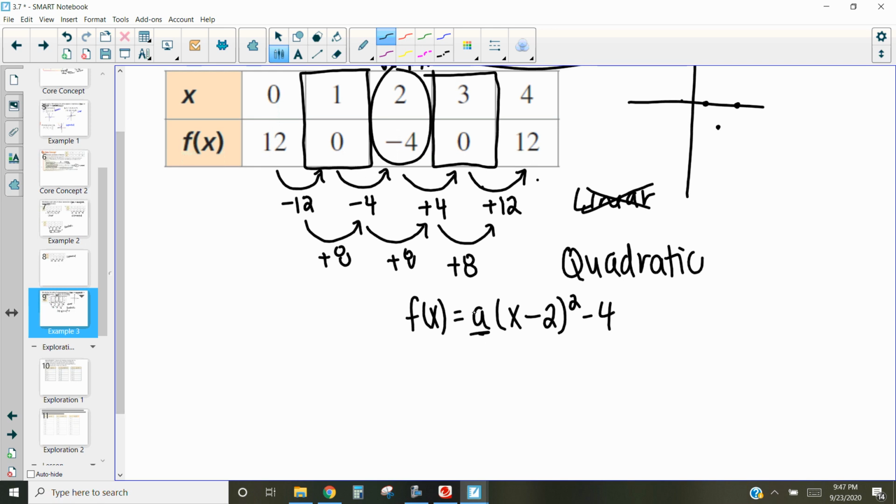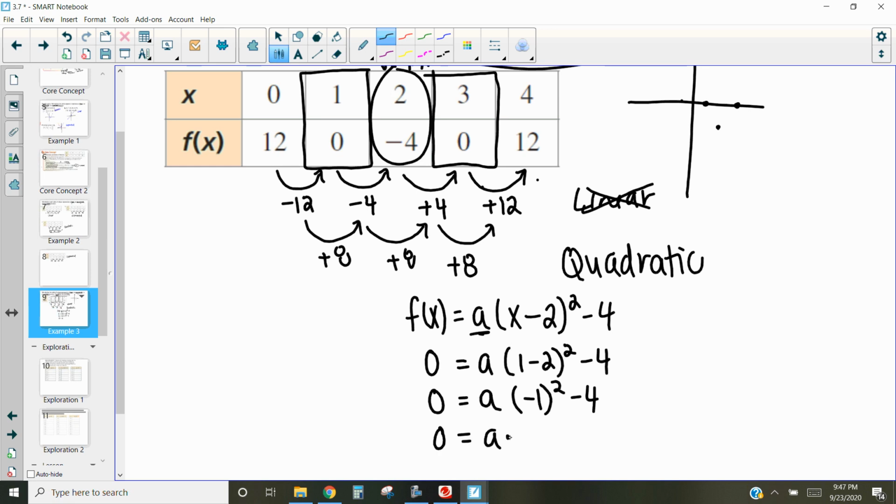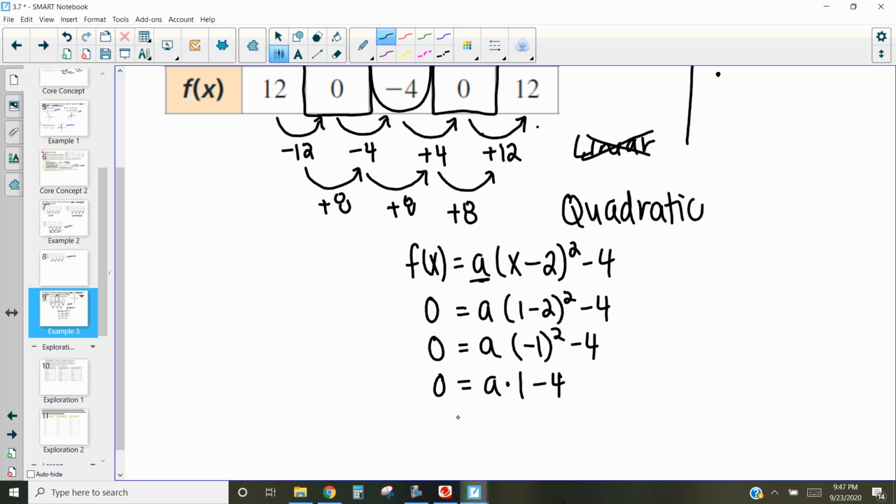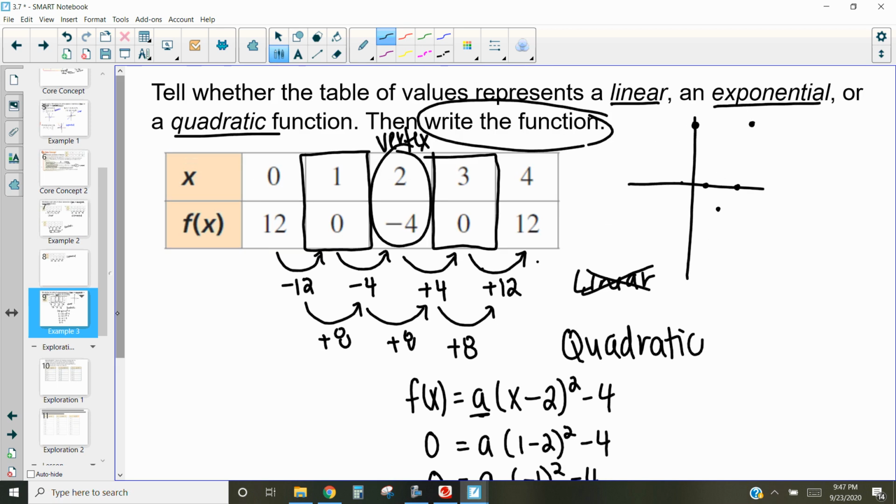So let's use this point 1, 0. So I'm going to put 0 in here. I'm going to put 1 in for x. So 0 equals a times 1 minus 2 squared minus 4. So 0 equals a times negative 1 squared minus 4. 0 equals a times 1 minus 4. Well, 0 equals a minus 4. So a equals 4.